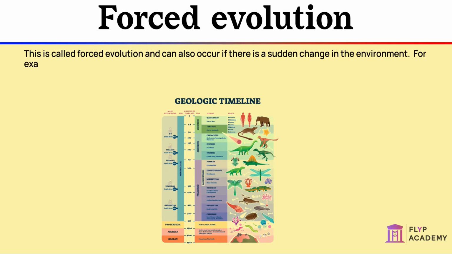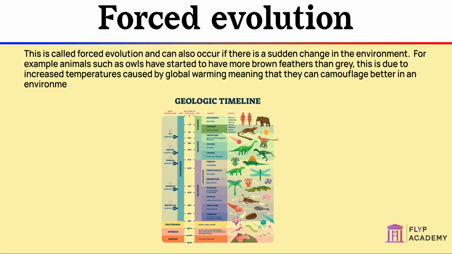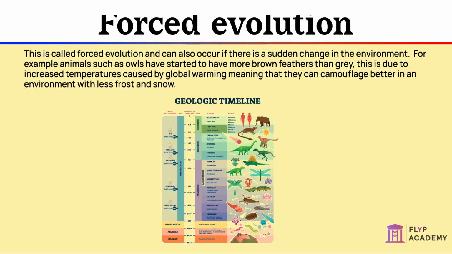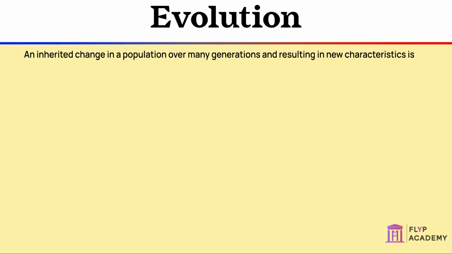For example, animals such as owls have started to have more brown feathers than grey. This is due to increased temperatures caused by global warming, meaning that they can camouflage better in an environment with less frost and snow.